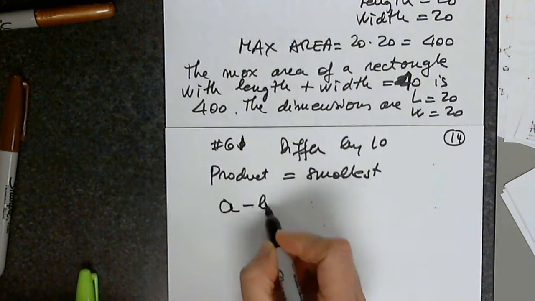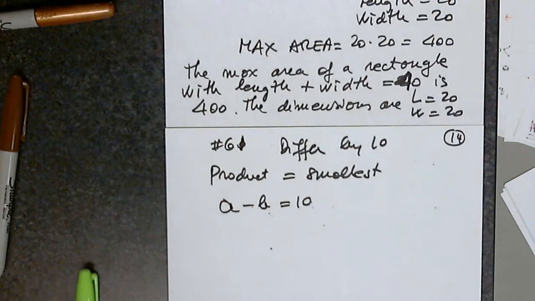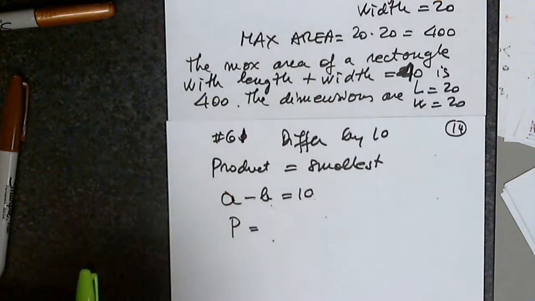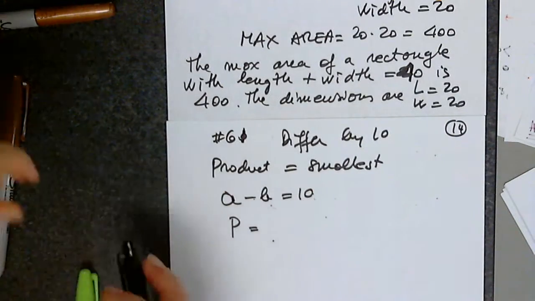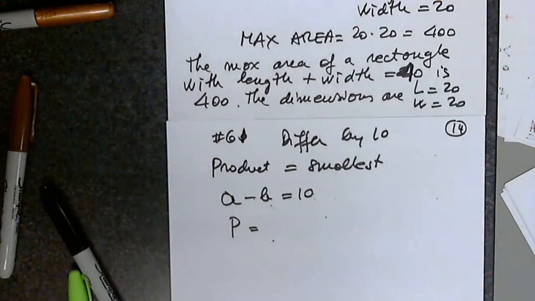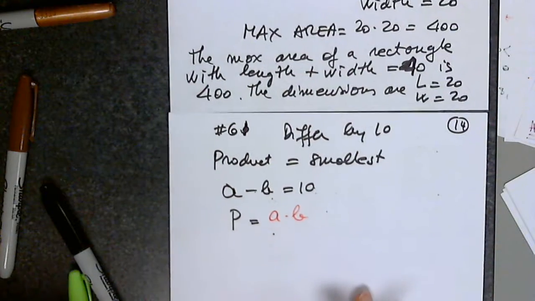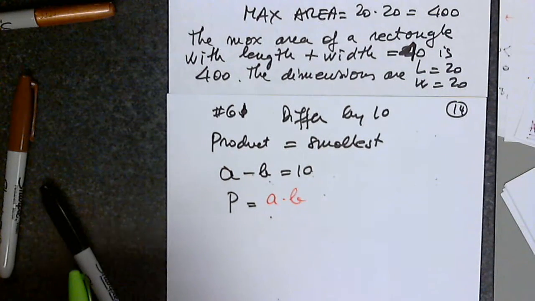Okay, a minus b equals 10. Perfect. Now I need to create the product of these two numbers. It's very similar to what we just did. The product of these two numbers is a times b. Perfect. I have to get rid of one of them. It doesn't matter which one.